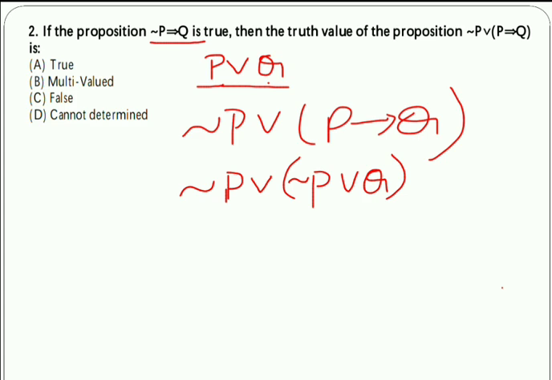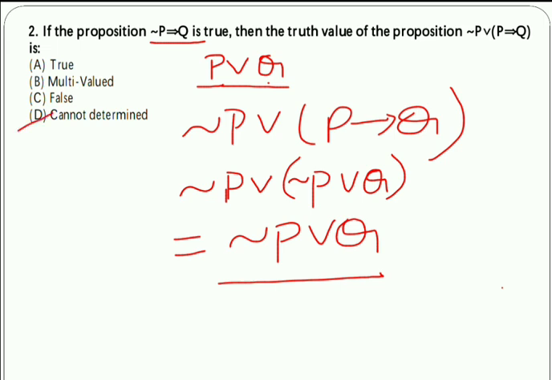Negation P or Q. So now if you open the parenthesis here, it will become negation P or Q. Okay. So negation P or negation P will become negation P. So negation P or Q. Since nothing can be said about the truth value of P or Q, it implies that negation P or Q can also be true or false. Hence, we cannot determine whether P and Q are true or not. So, D is the correct answer.